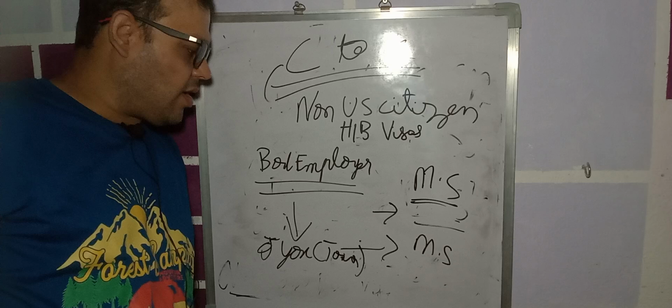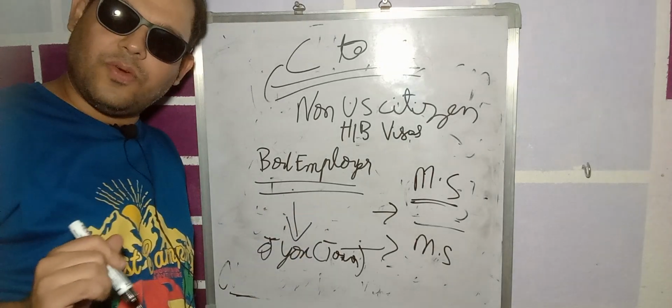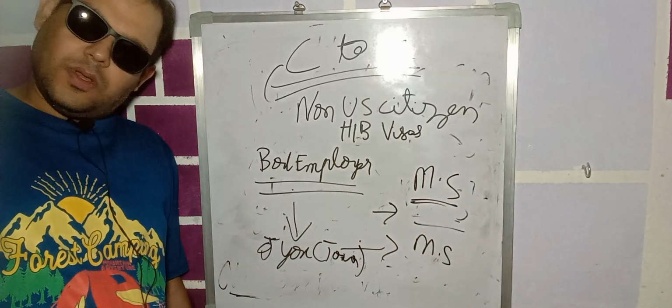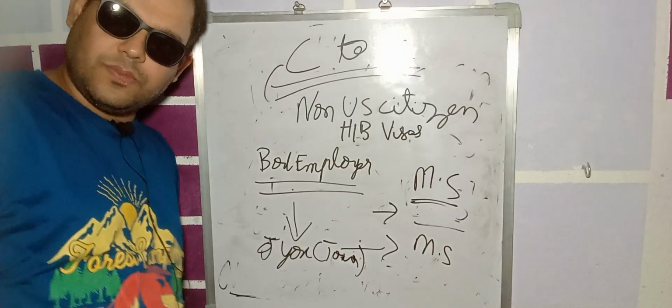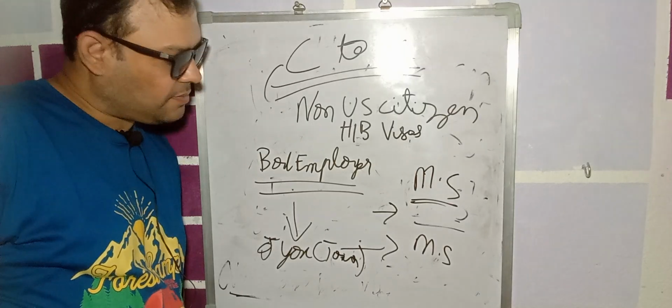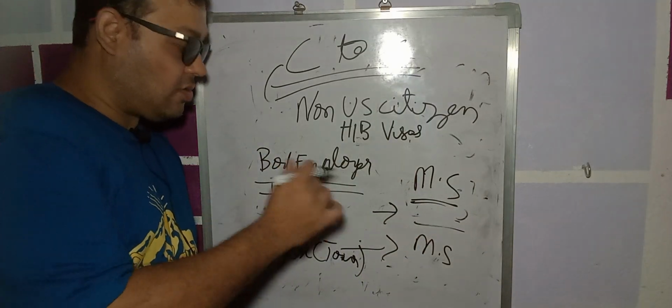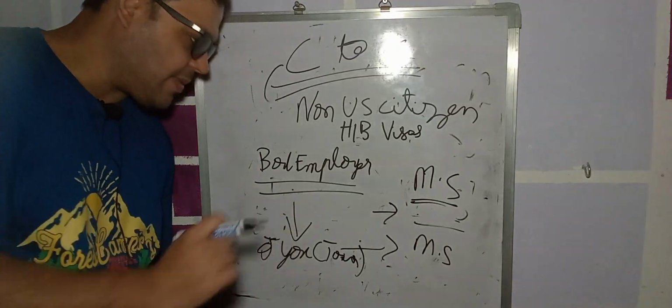You will have to have an employer, for example Bob, and Bob will pay for your visa. You will be providing your Java software service to Microsoft. Microsoft will pay Bob, and Bob will pay you.